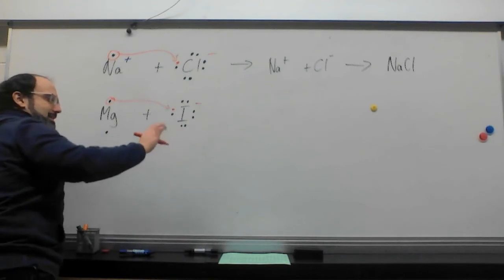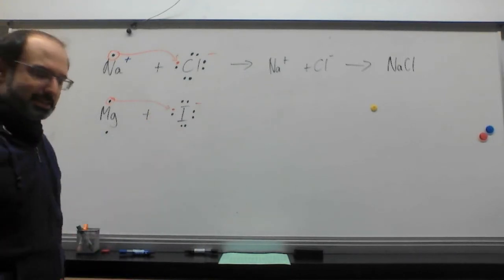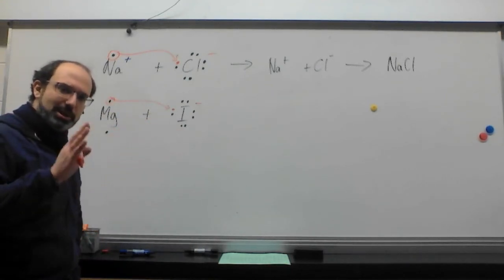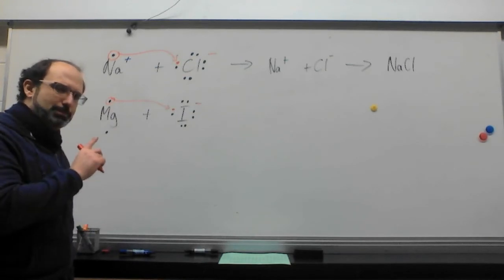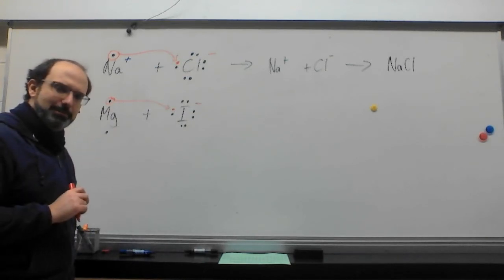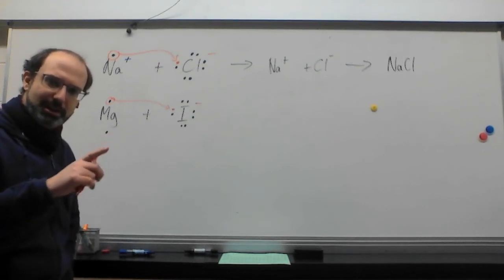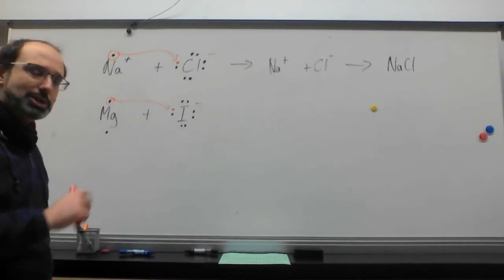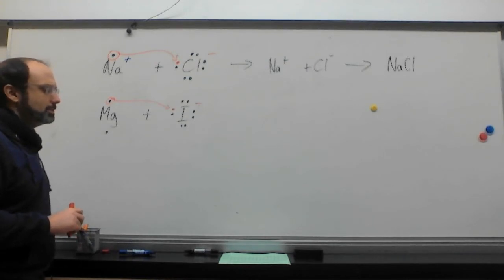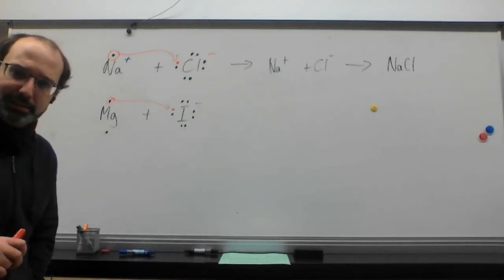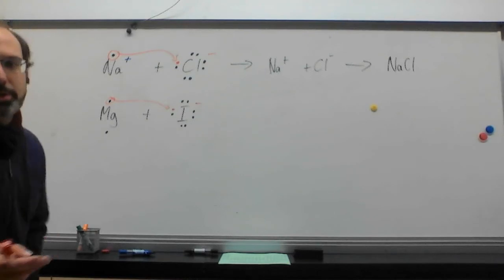This iodine is happy. It has filled its valence. It is finished. It can go relax on the couch. But the magnesium cannot. The magnesium still has an extra electron left over that it needs to get rid of in order to reveal the full shell. So it has to give it to somebody. Well, it can't just dump it on the floor.